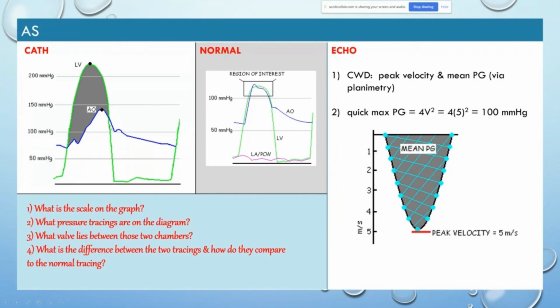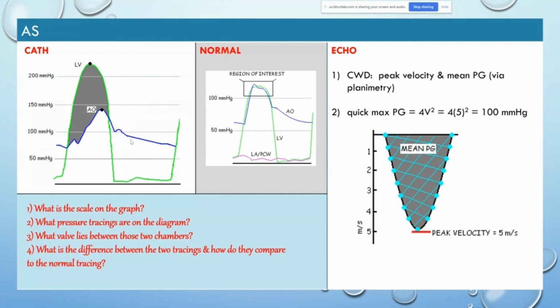It's obviously the aortic valve. And what is the difference between this tracing and this tracing? In the normal one, there's not a high difference. And in the aortic stenotic one, the left ventricular pressure is much higher than the pressure in the aorta. And so this is consistent with the person who has stenosis.